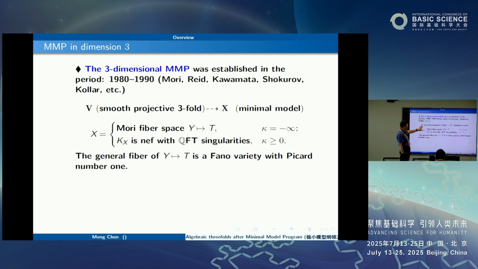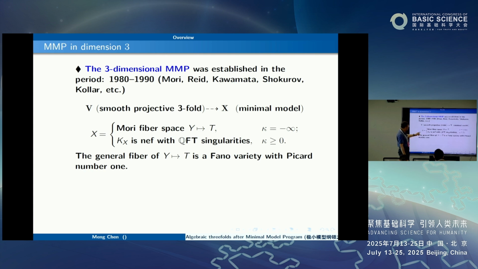Starting with a smooth projective threefold, you can have a minimal model. So what do we mean by minimal model? In algebraic geometry, a minimal model has two meanings. If the Kodaira dimension is negative, then the minimal model is usually referred to as a Mori fiber space. There is a natural fiber structure onto another lower-dimensional variety, with general fiber of Picard number 1 and Fano.